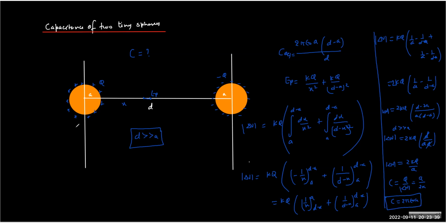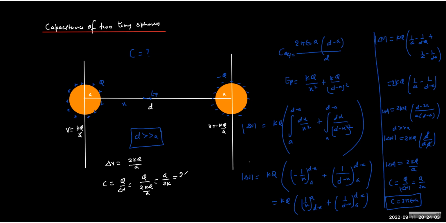So what is the simple way of doing this? What is the potential of the surface? kQ by a, and here it is minus kQ by a. So it is a one-line question. The difference is 2kQ by a, and therefore the C is Q by delta V, which is a by 2.